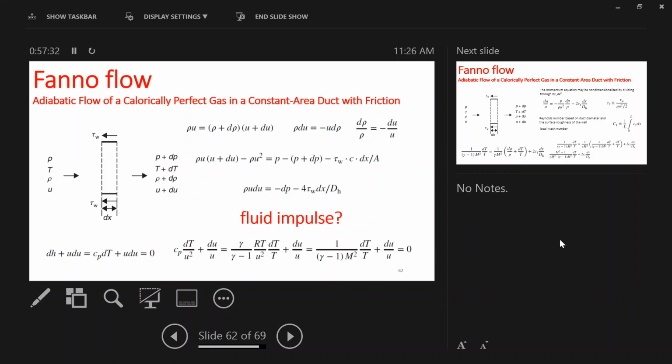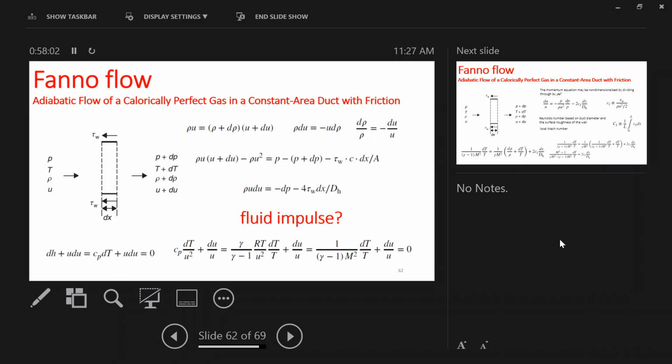We have flow coming into the element with P, T, rho, U, and we have the flow going out with P plus dP, T plus dT, with all of the dP, dT, d rho, and du variations, right? And the length of this small element is dx. So the conservation of mass equation is going to be rho u equal to the exit condition, that is rho plus d rho, u plus du, right?